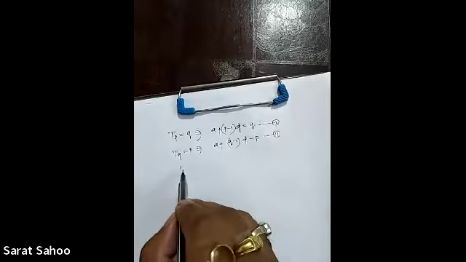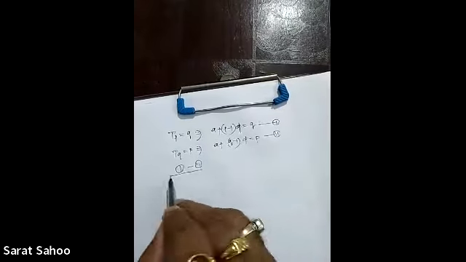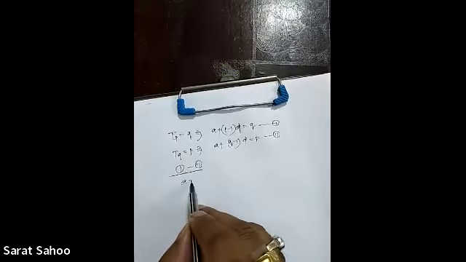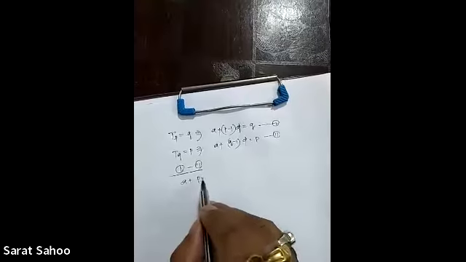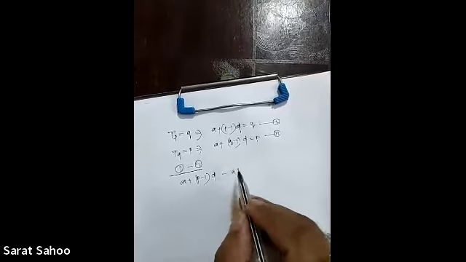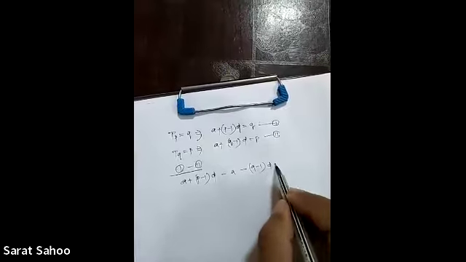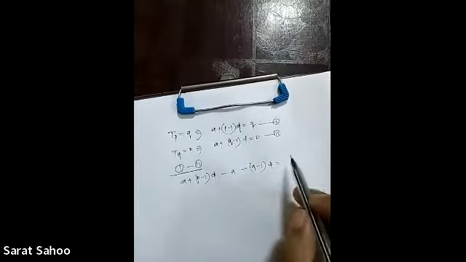Right? Equation 1 minus equation 2. So A plus (P minus 1) into D minus A minus (Q minus 1) into D equals Q minus P.